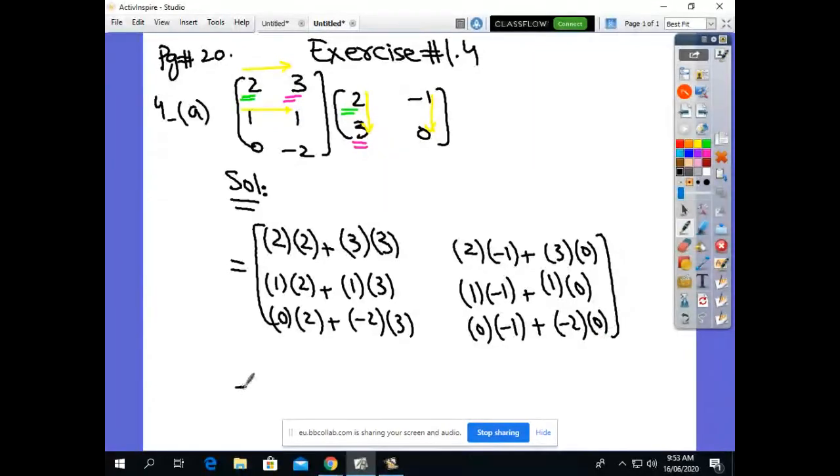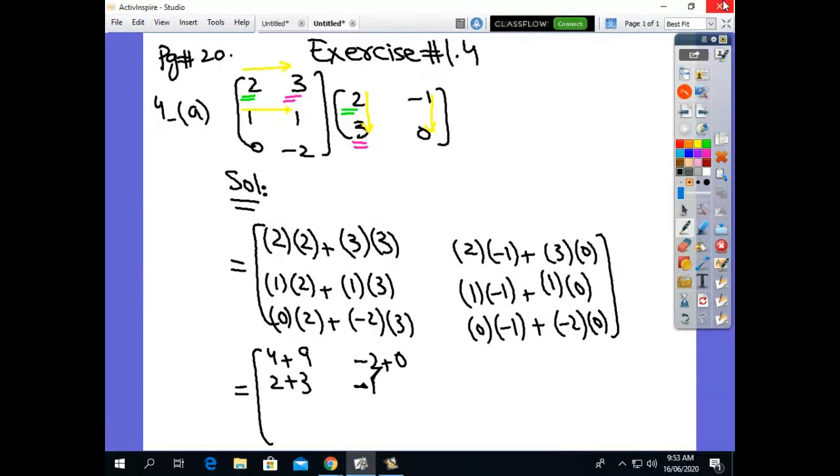After simplifying it, it becomes 4 plus 9, it becomes negative 2 plus 0, it becomes 2 plus 3, it becomes negative 1, negative 1 plus 0.